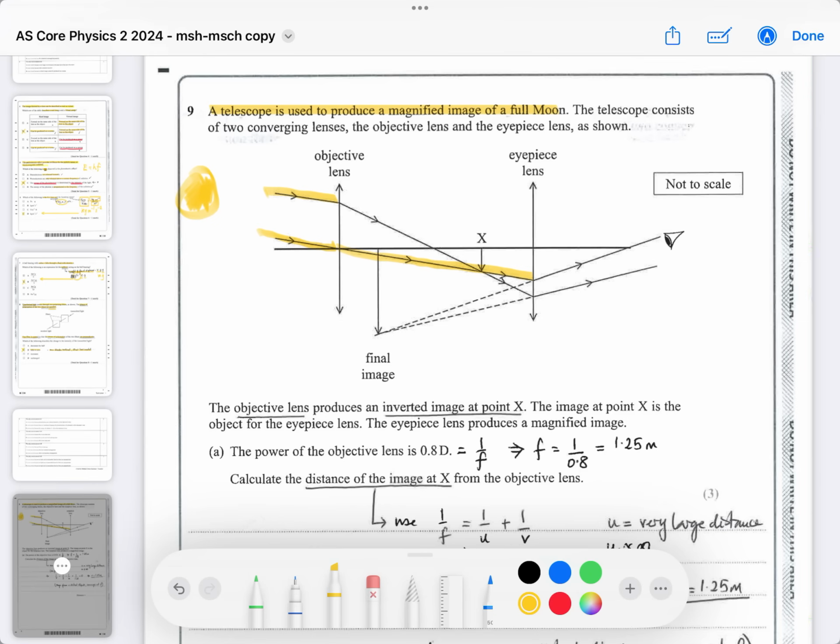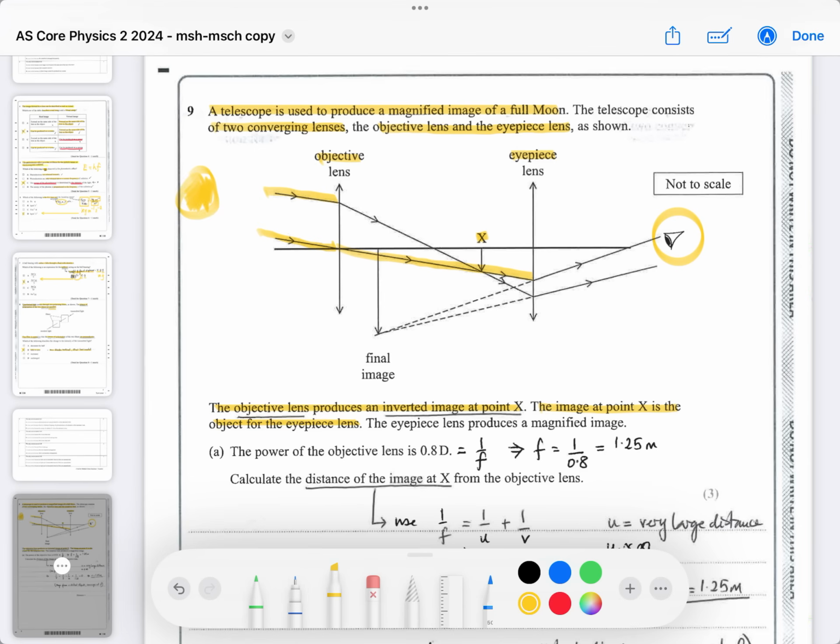The telescope consists of two converging lenses. The objective lens and the eyepiece lens are both converging. The objective lens and the eyepiece lens are arranged as shown. So the observer is looking from here, and they're going to explain. The objective lens produces an inverted image, that means upside down, at point X, so it's over here. The image at point X is then the object for the second lens, the eyepiece lens.